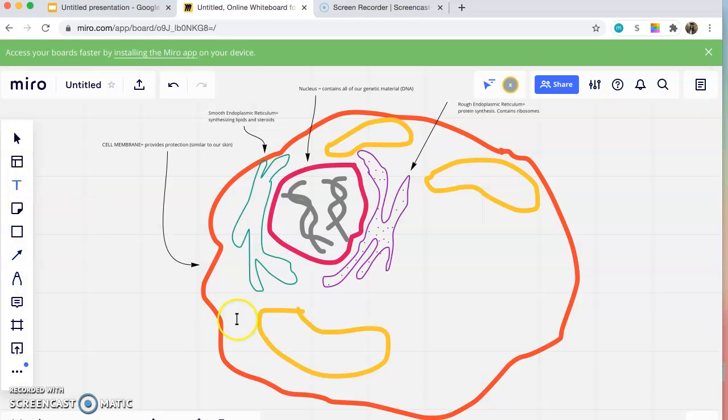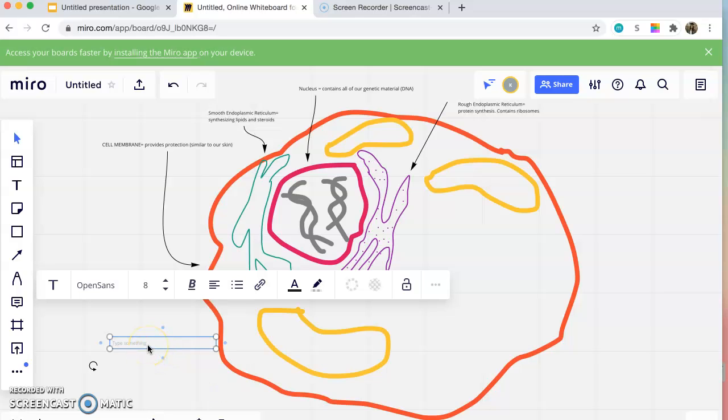Okay, so the mitochondria, like we call it, is the powerhouse of the cell. What this means is that it's basically the site of all ATP production.